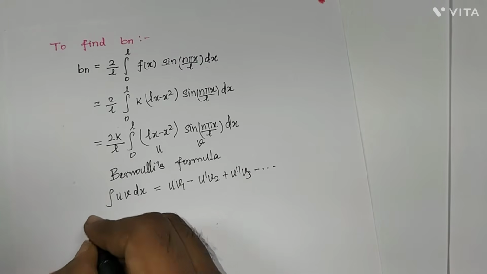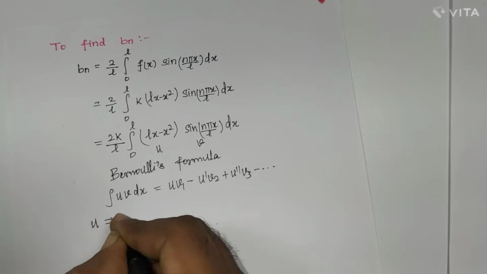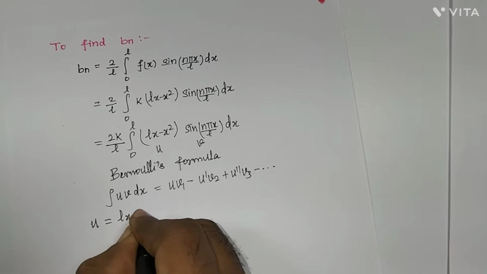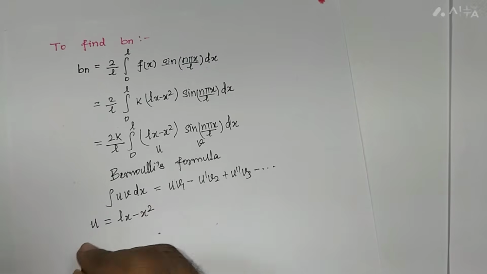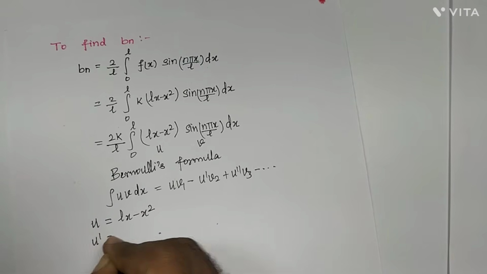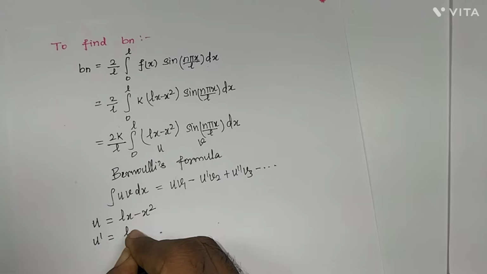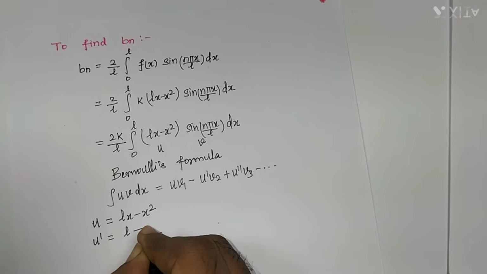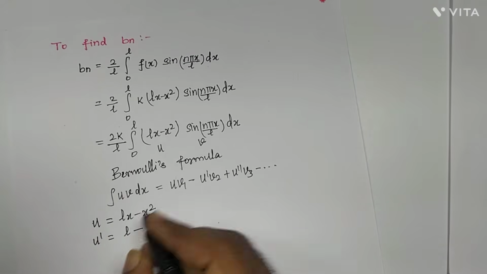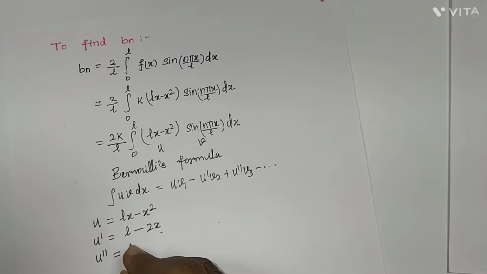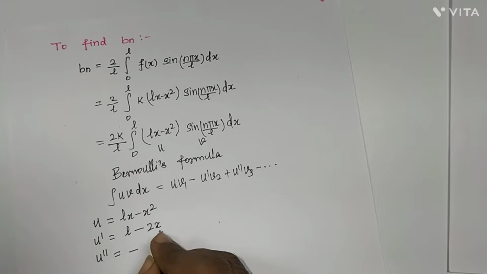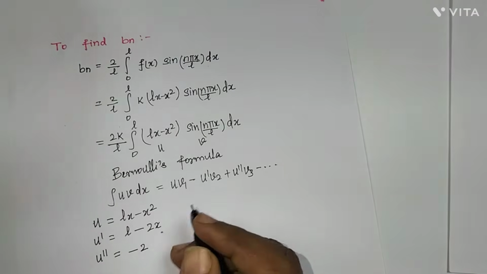Here I am writing u equal to Lx minus x square. I am going to differentiate with respect to x. U dash equal to L, x differentiation 1, L is constant, and x square differentiation 2x. And u double dash equal to L differentiation 0 and minus x differentiation 1, you will get minus 2.